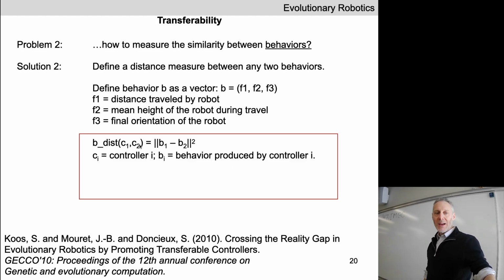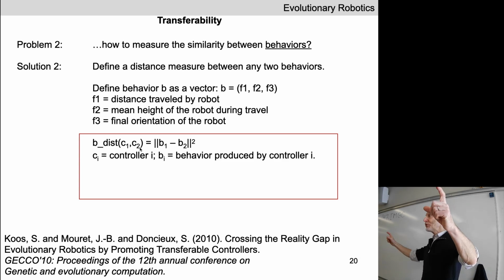The distance then between the behavior produced by controller C1 and controller C2 is the Euclidean distance between these two behavioral vectors. B1 is the set of 3 numbers produced by C1. B2 is the set of 3 behavioral features generated by C2 running on the simulated robot. That's it.